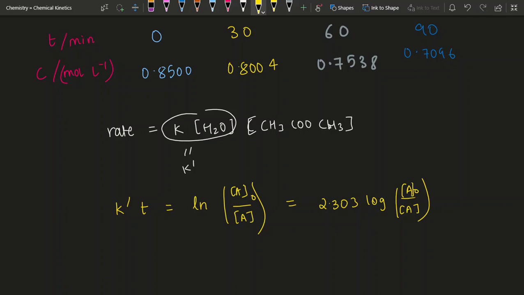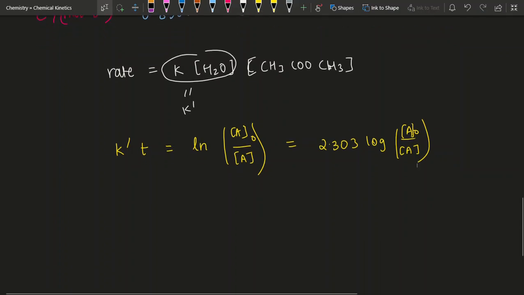And what you could have done is tried finding out the k. So k dash, we'll first try finding with k dash, since for a second order reaction with two reactants, the math becomes increasingly difficult.